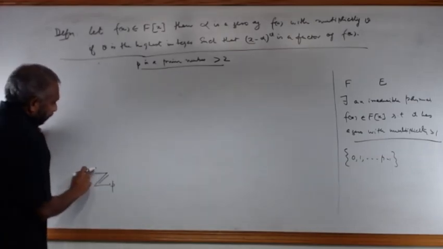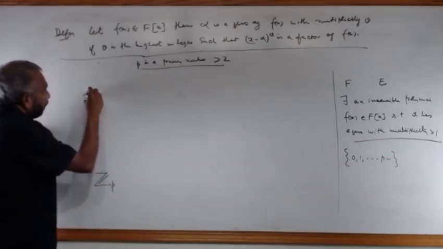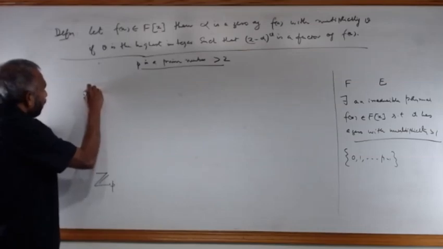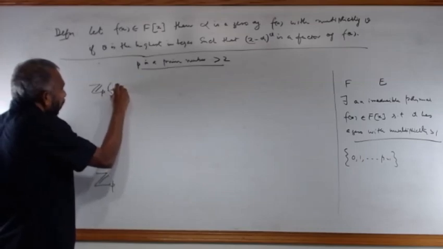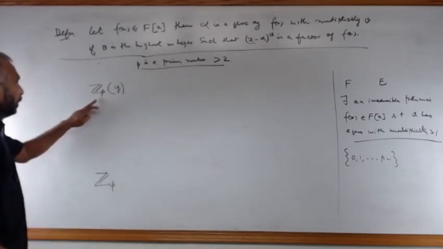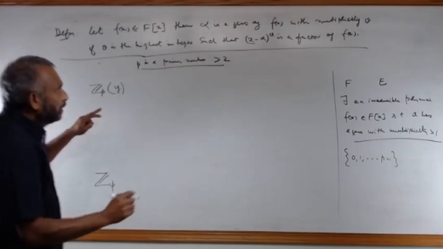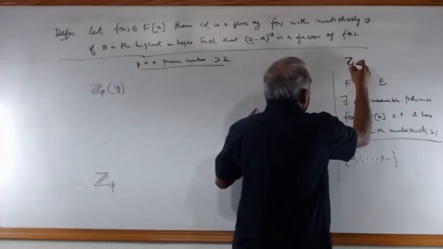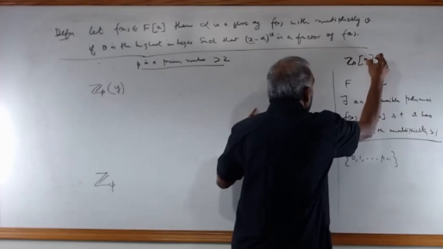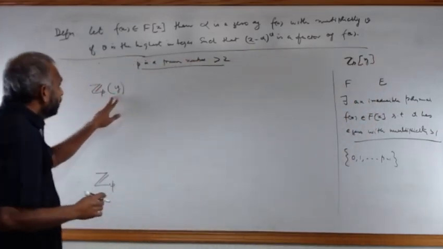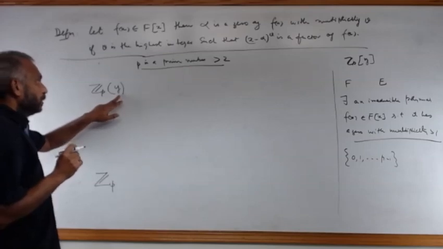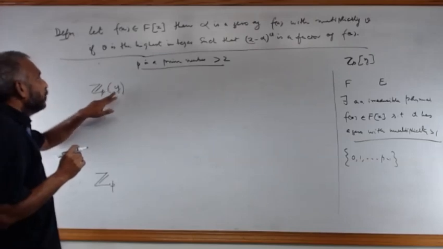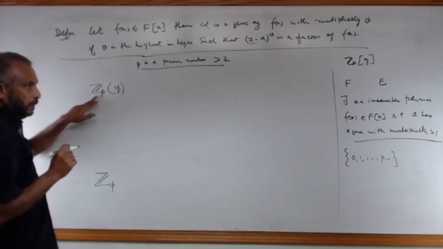Now I'm going to define another field here, Z_p(y). This is not Z_p with square brackets y, this is actually curly brackets. This is a field of quotients of polynomials in y over Z_p.